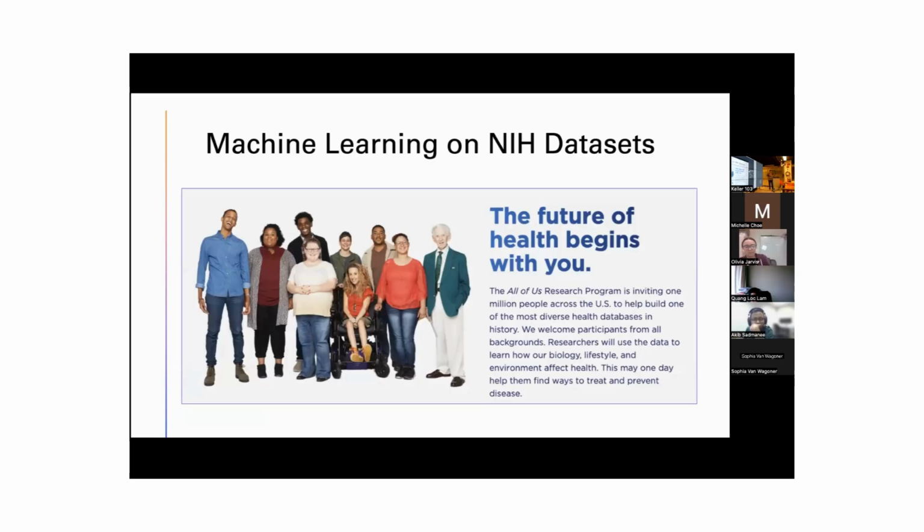Right now they are only at 300,000 and counting, but they're collecting biological data, so genomics, together with Fitbit data on behavior, together with electronic health record data on a really diverse population of people from around the United States, as well as a bunch of health outcomes: cancer outcomes, diabetes outcomes, mental health outcomes, COVID outcomes, et cetera, mortality.